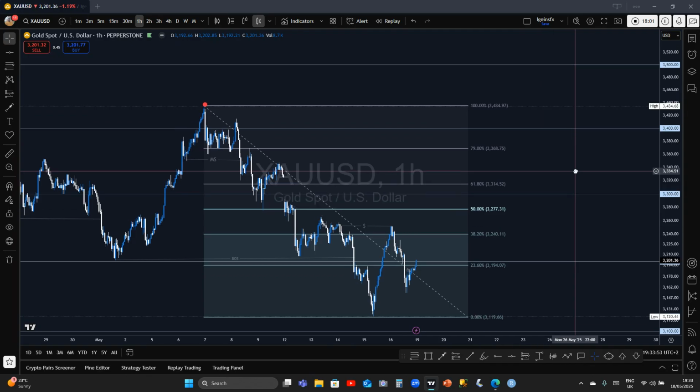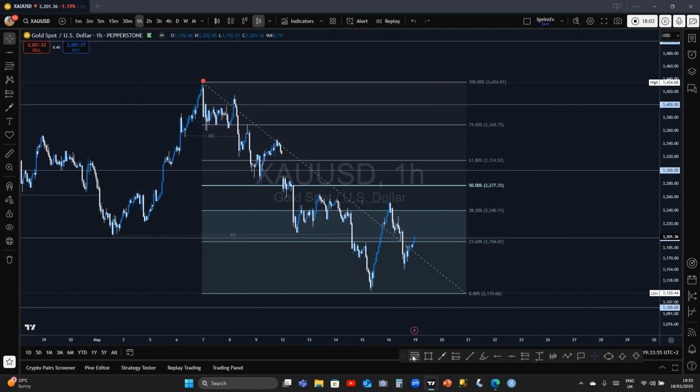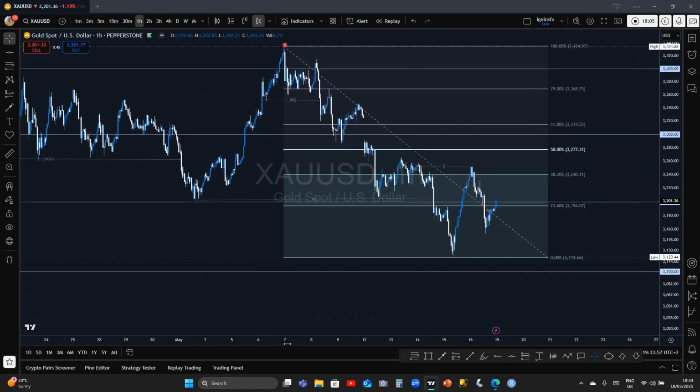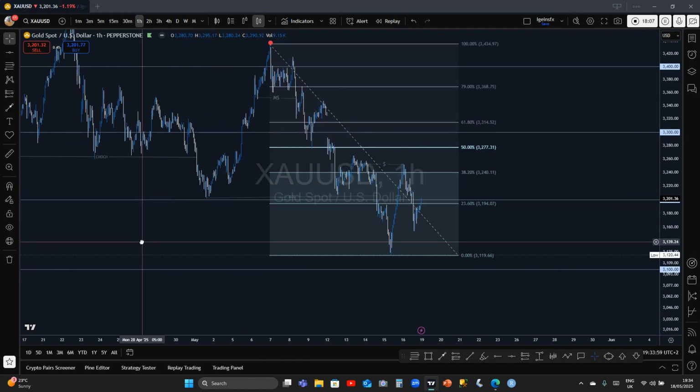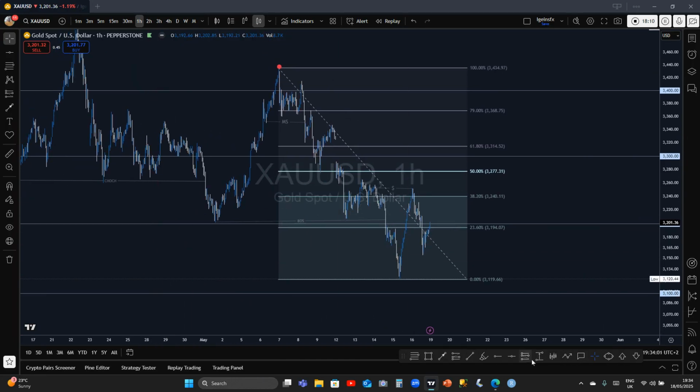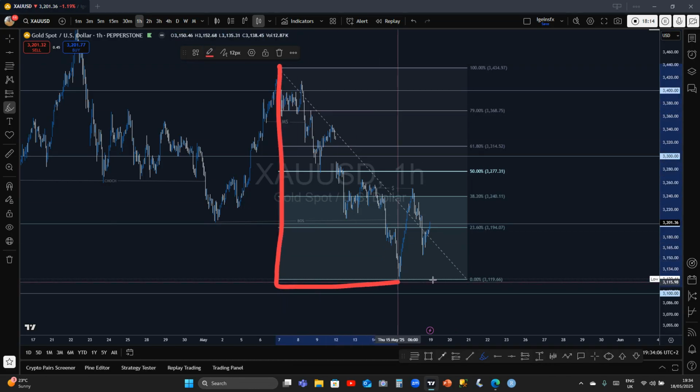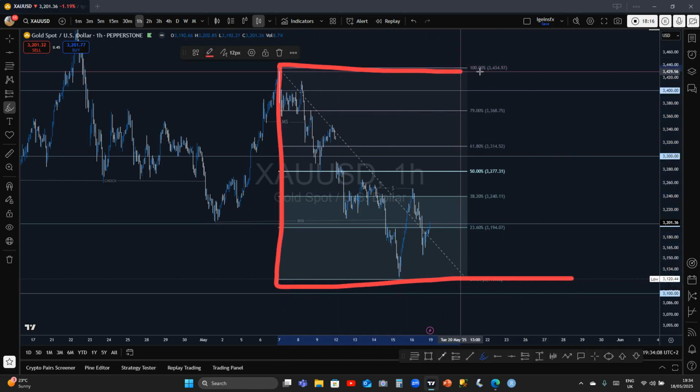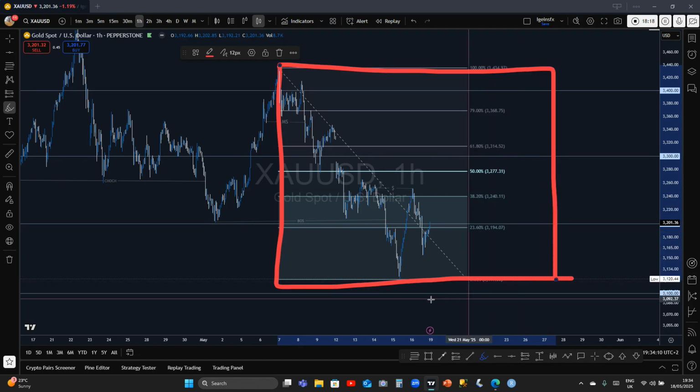So for you to understand where we are, if you look at this level, this is where we are trading. This is where we look for our opportunity, this very point.